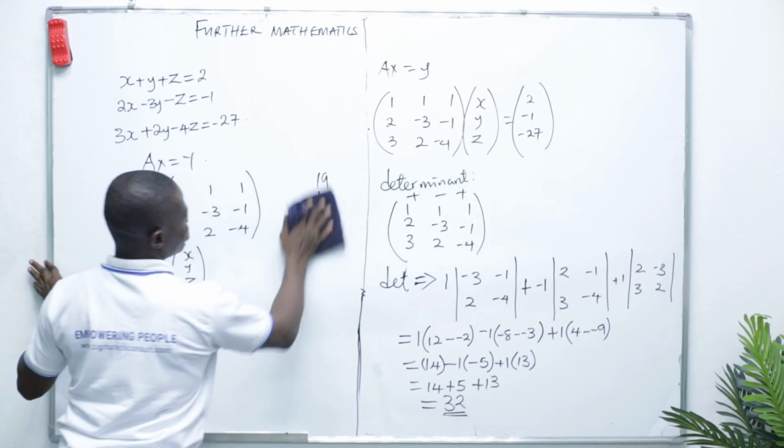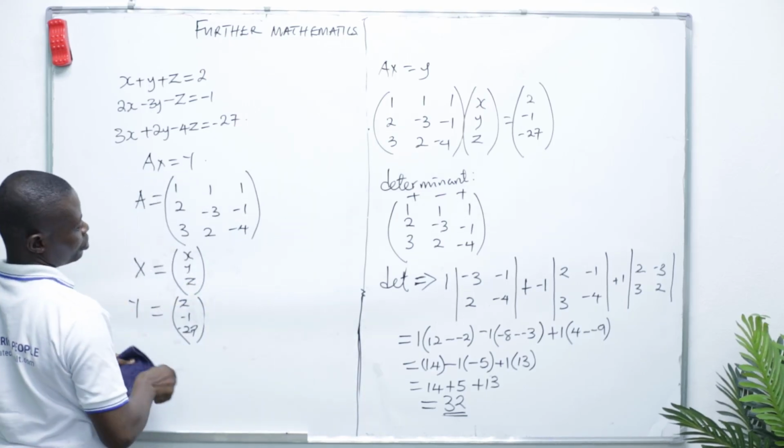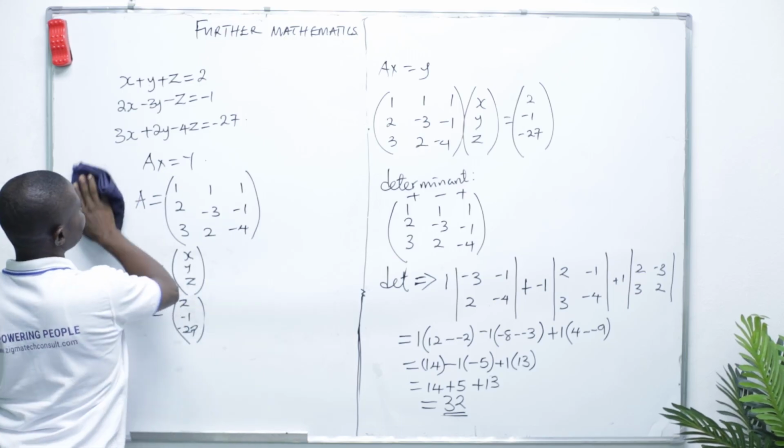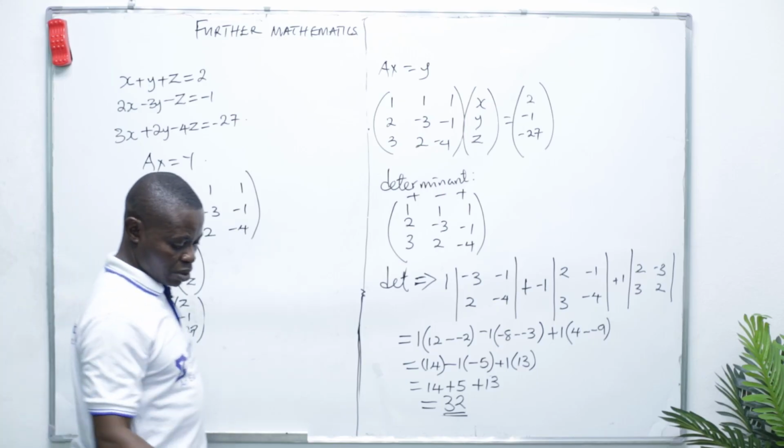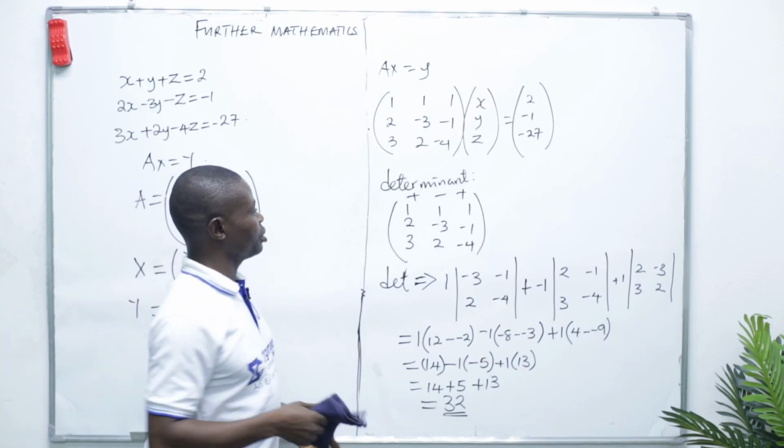If I have 32 as my determinant, I want to decide my cofactor. The cofactor of this matrix.